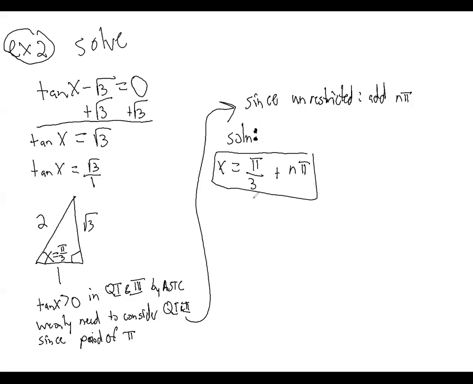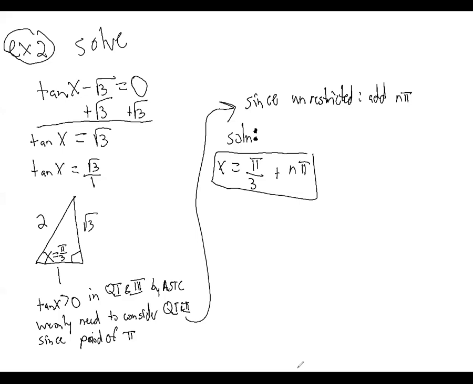So again, what that n pi is doing here is adding every single multiple of 180 degrees. And every time you add 180 degrees, you go from quadrant 1 to 3, then back to 1, then back to 3. Or you could let the n be negative, and it's the same thing. You're just going clockwise instead of counterclockwise.